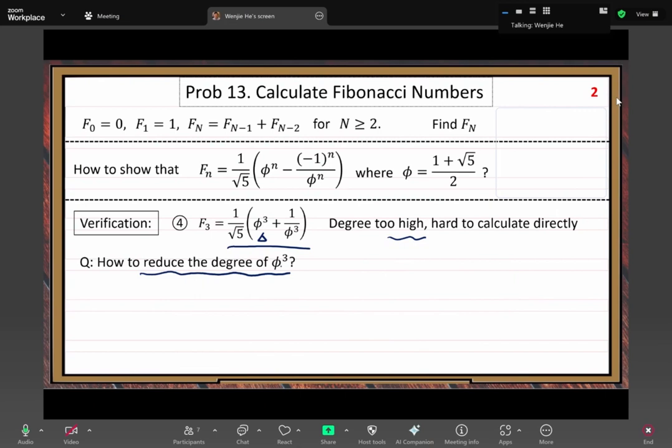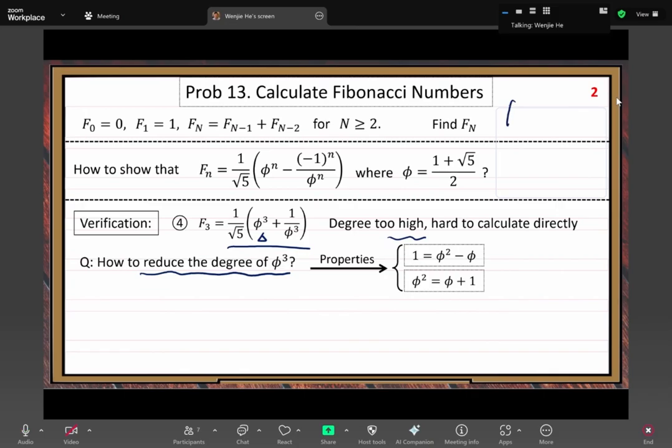Golden ratio has some properties. So we need to go to the golden ratio properties. There are 2 golden ratio properties. These 2. Look, how do you know the golden ratio should satisfy these 2 equalities? It's very simple. Remember, how do we find the golden ratio?